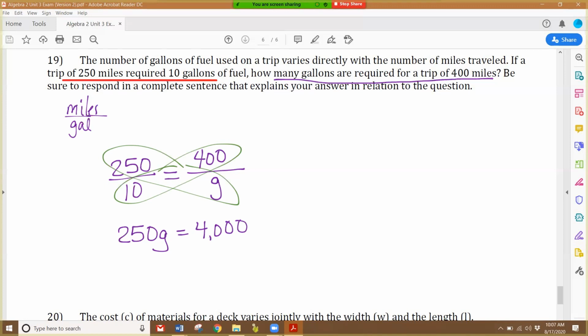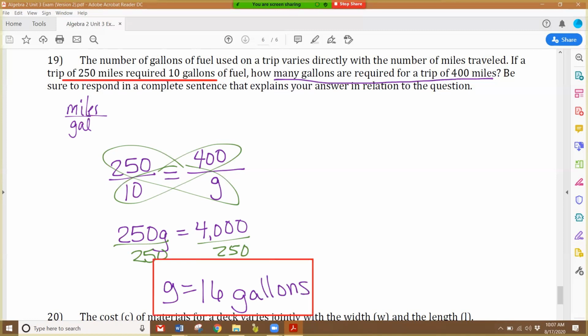We're going to divide both sides by 250 to get G equals 16 gallons. So if we were wanting to travel 400 miles, we should be prepared to buy 16 gallons of gas, or to use 16 gallons of gas in our vehicle.